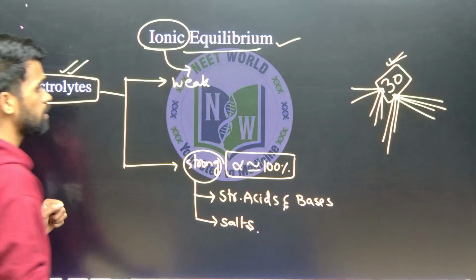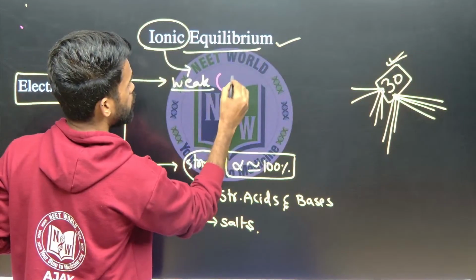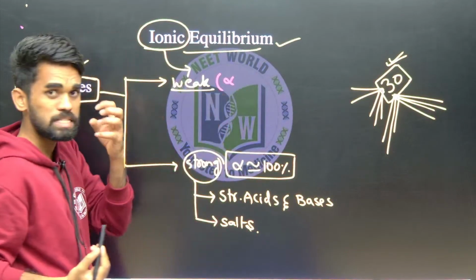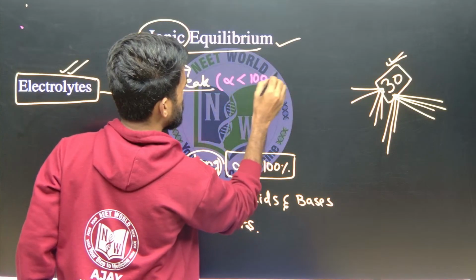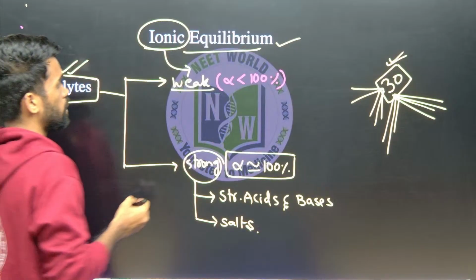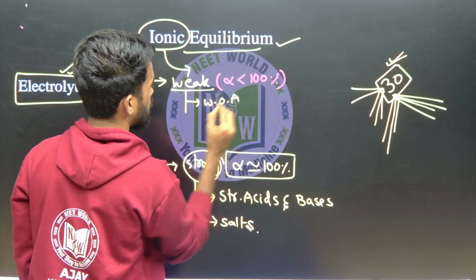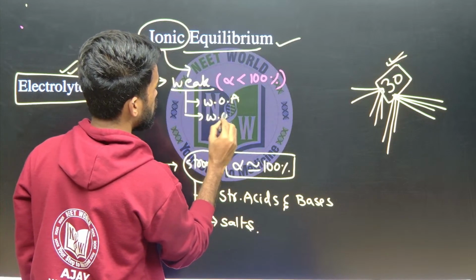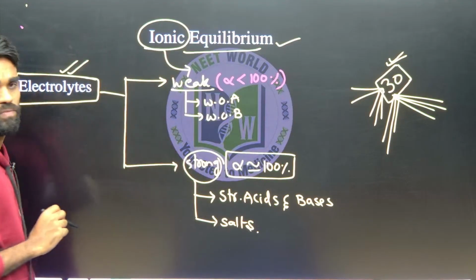Weak electrolytes have only partial dissociation, a lower extent of dissociation, less than 100%. Generally, all weak organic acids and weak organic bases come under weak electrolytes.